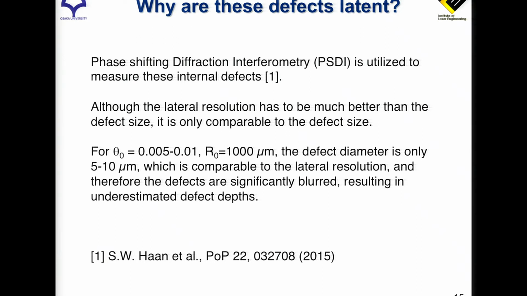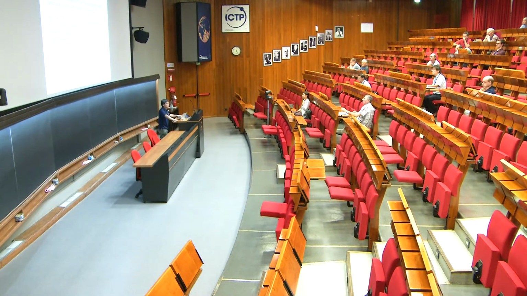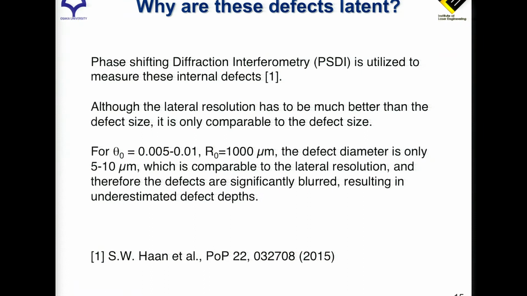I thought, the phase shifting diffraction interferometer, which many people typically use for inspecting targets, PSDI, is utilized to measure this internal defect. Although the lateral resolution has to be much better than the defect size, that is obvious, it is only comparable to the defect size.